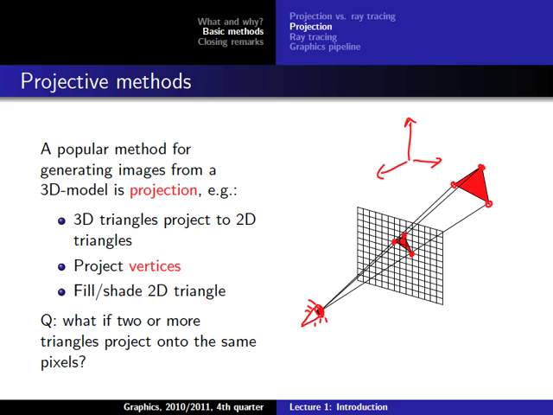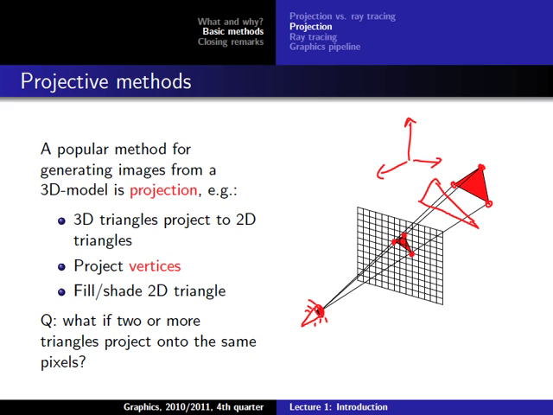Of course, we can have more. So an interesting question is, of course, what happens if we have two triangles that overlap each other or that are in front of each other? What do you have to do then when you do the projection? Any idea? Yeah, exactly. So when we do the projection, we have to consider the order of the drawing.